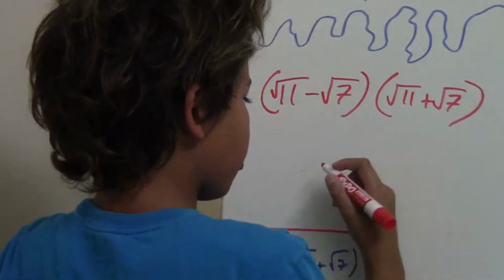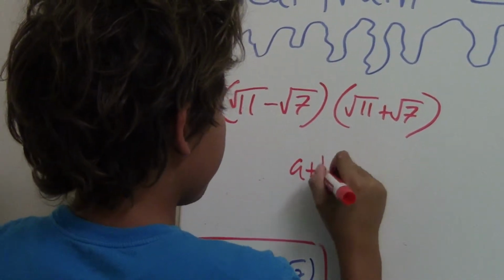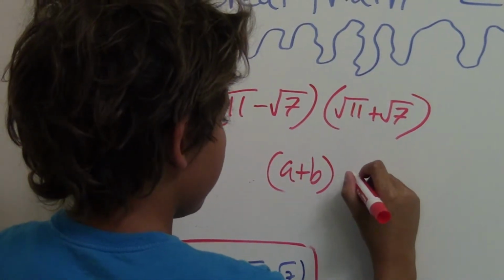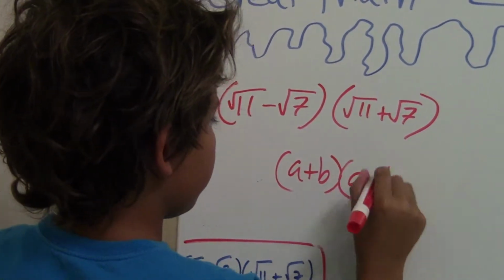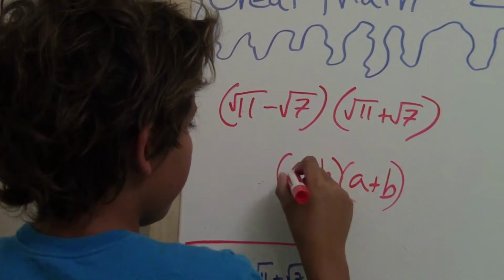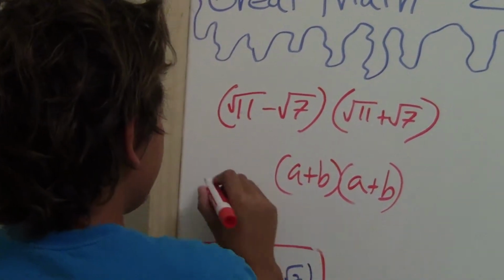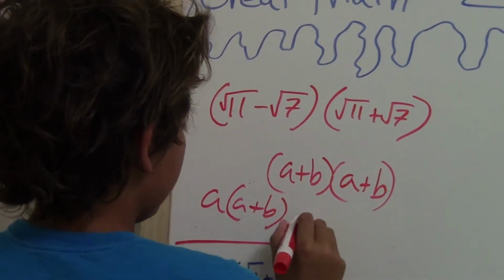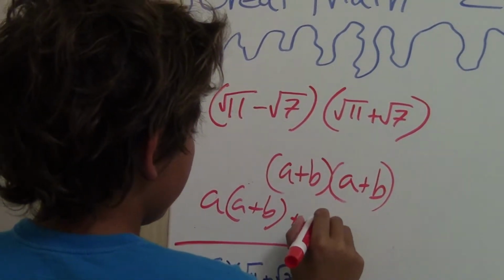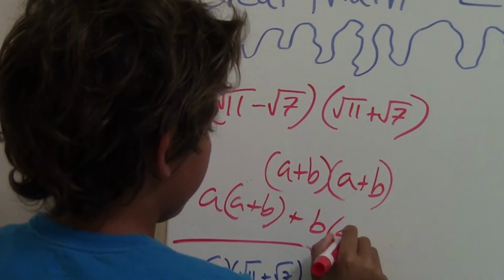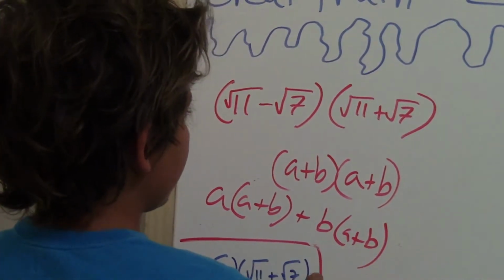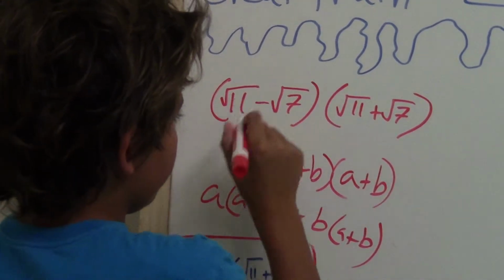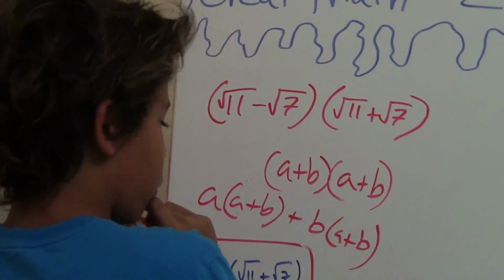I remember a few times ago when we did (a plus b) times (a plus b) squared. We can use the distributive property, because then it's the same thing as a times a plus b, plus b times a plus b. So we can do the same thing, but we have to subtract one of them, but we don't know where.